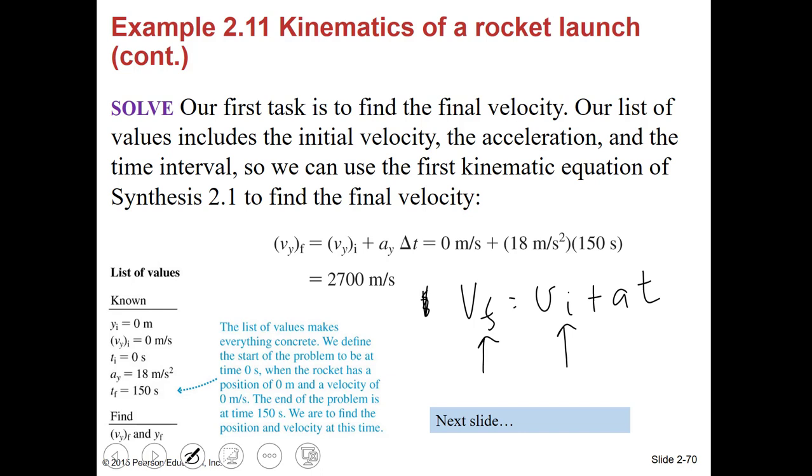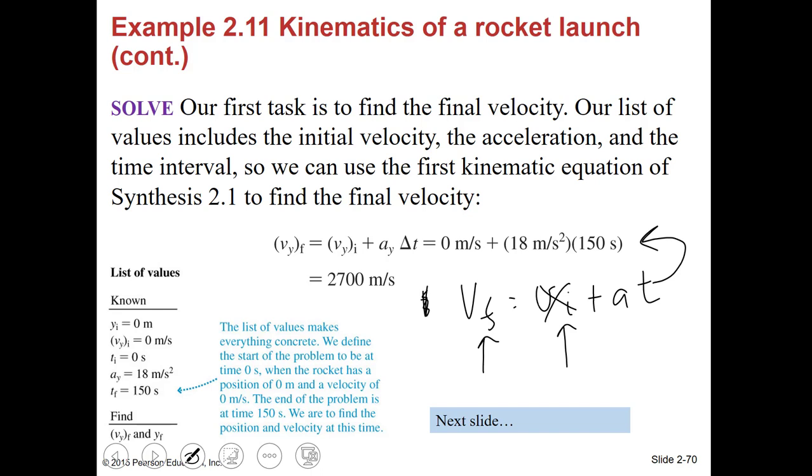Final means later. And again, we're assuming the initial velocity in the y is 0. So that's the equation being used here. This term is 0, so it's a times t. That'll give us the velocity after 150 seconds.